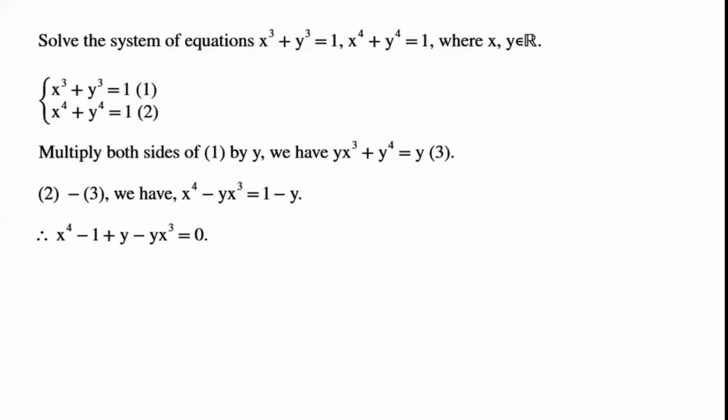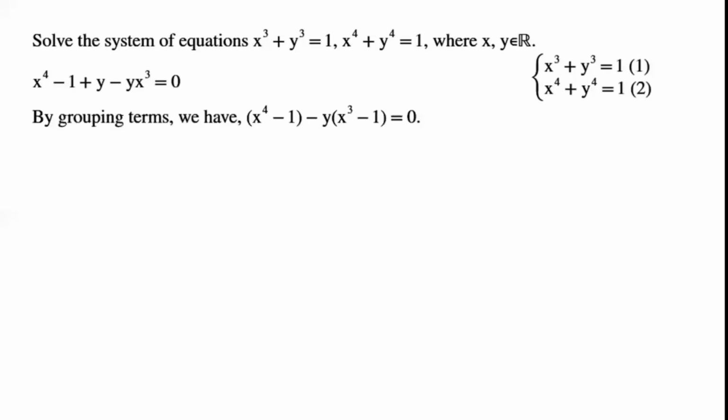equals 0. By grouping terms, we can write x to the power of 4 minus 1 minus y times (x cubed minus 1) equals 0, which can be written as (x minus 1) times (x cubed plus x squared plus x plus 1) minus y times (x minus 1) times (x squared plus x plus 1) equals 0.